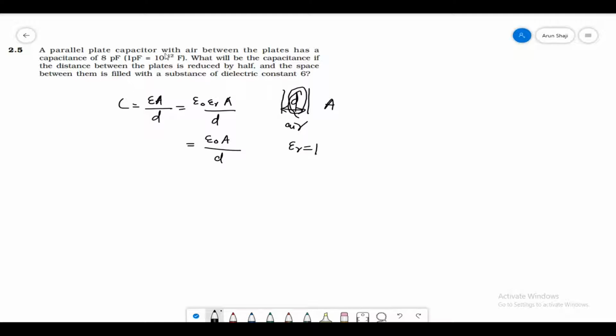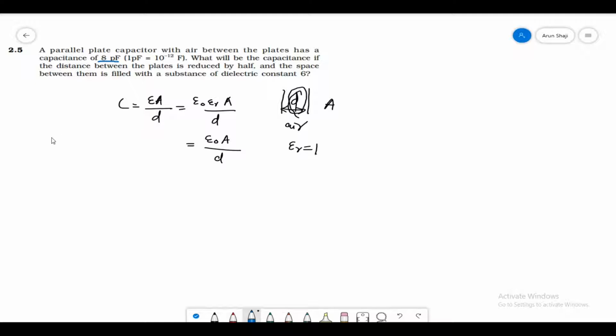The parallel plate capacitor with air between the plates has a capacitance of 8 picofarad. So what will be the capacitance if the distance between the plates is reduced by half?